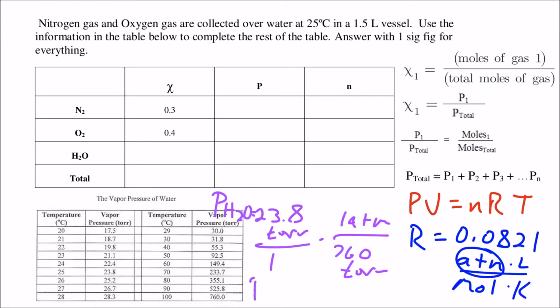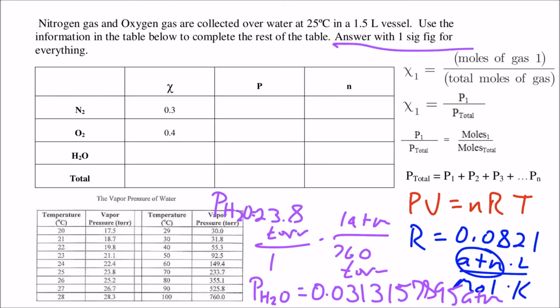Okay, so that partial pressure of water then is going to be 0.0313157895 atmospheres. Now the table said answer everything with 1 sig fig, so we're going to put in 0.03 atmospheres here. Okay?